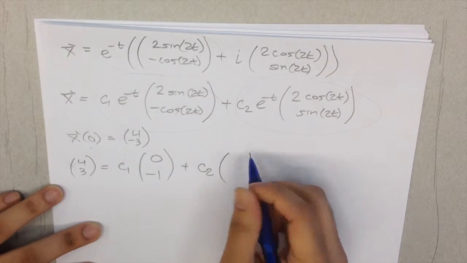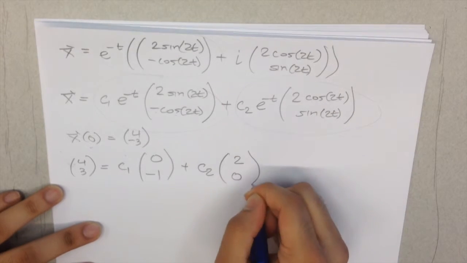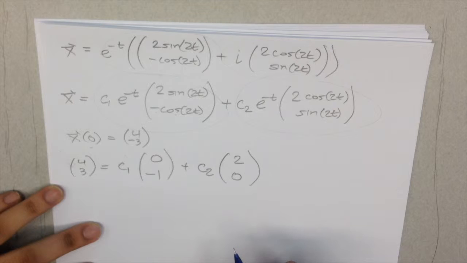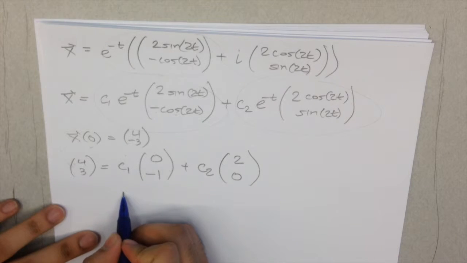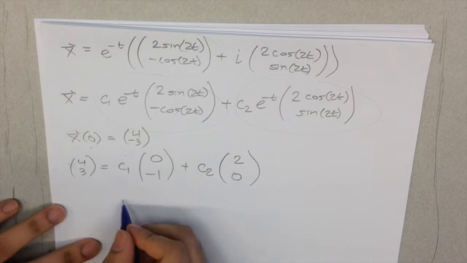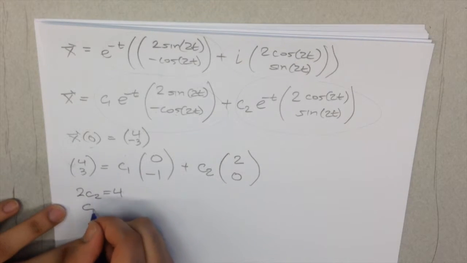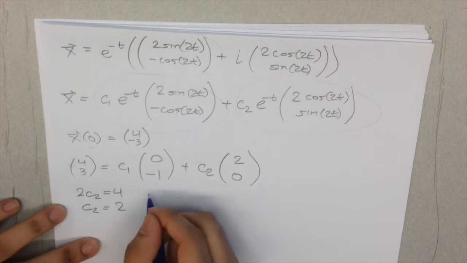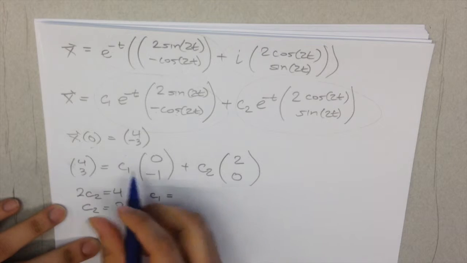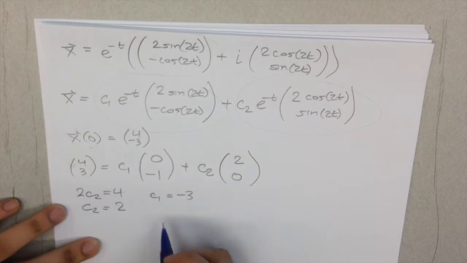Plus c2 times 2 and then 0 correspondingly. So when we solve for this, we get 2c2 is equal to 4, and c2 is equal to 2, and we get c1 is equal to negative 3 because negative c1 is equal to 3.